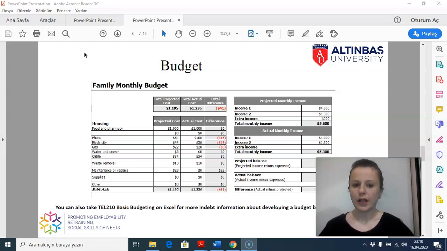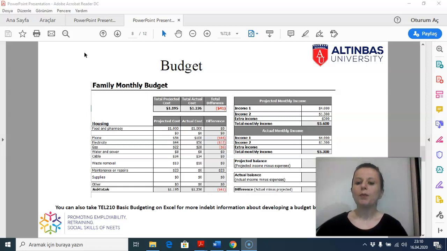On the screen right now, there is a family monthly budget. There are some expenses on the right. As you see, there are some red figures, simply because there is a projected cost, which is the budget, and also the actuals.